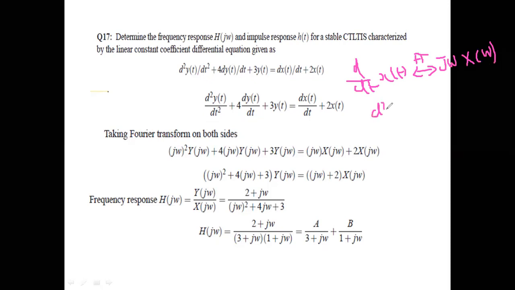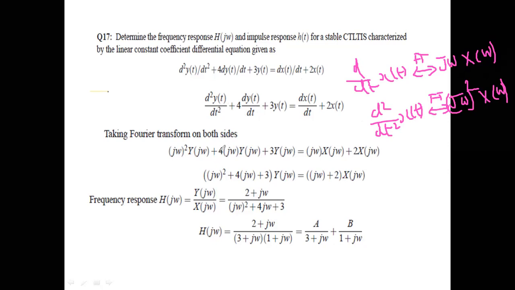And for d square by dt square of x of t, the second derivative, what is the Fourier transformation? J omega whole square into X of omega. Remember this one. First of all, it is d square by dt square y of t. So since here the x of t, here we will get the X of omega. So j omega whole square Y of j omega.